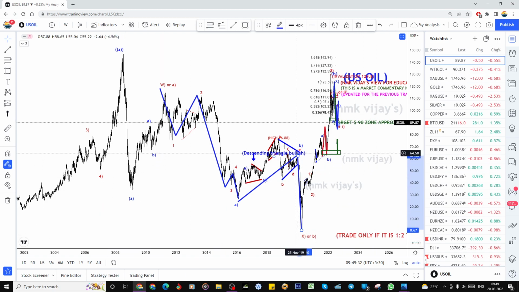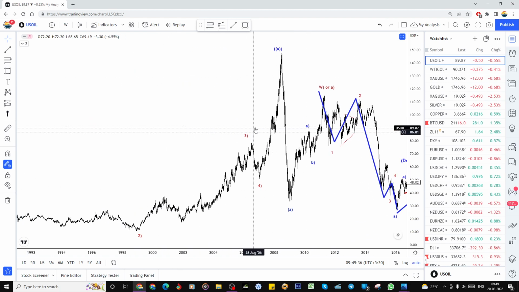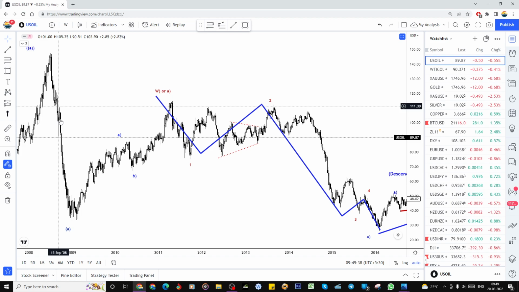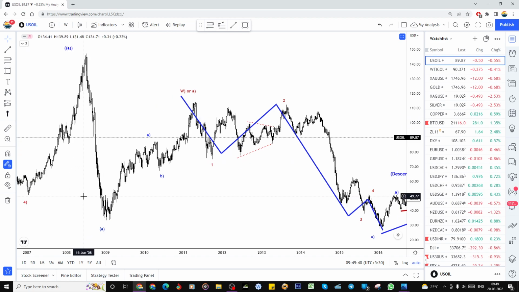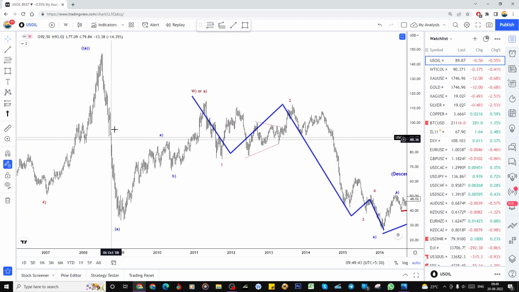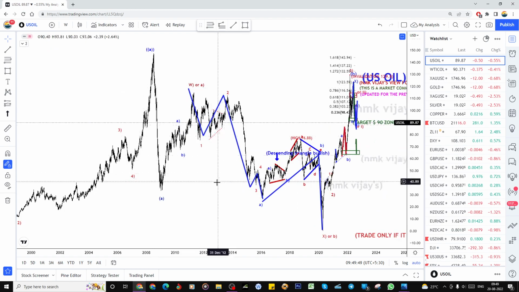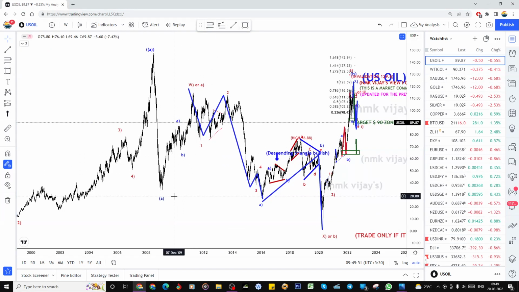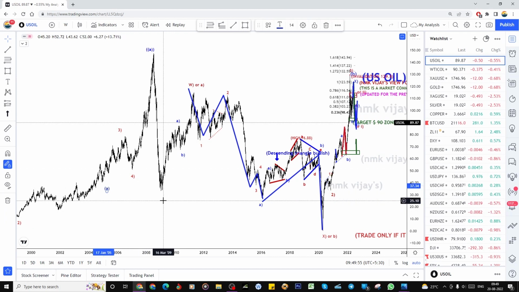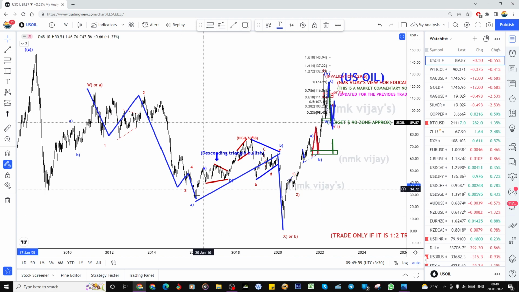So whether this is a W, X, A, B, C, I'm not so sure about keeping this as a W. This is not looking like it, see, it's a very, very aggressive movement to the downside. So either we make this a B, C, A, B, C, or it could be W.